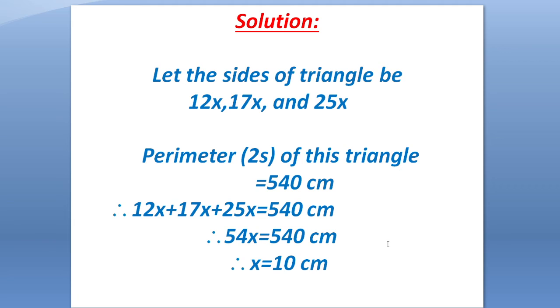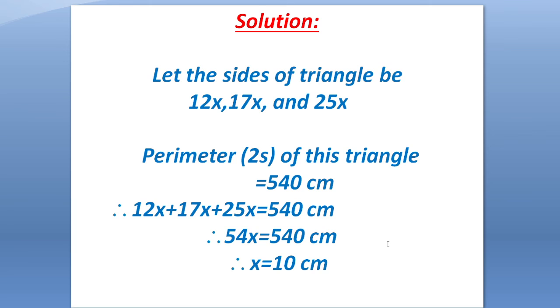So given the ratio 12, 17 and 25, let the sides of the triangle be 12x, 17x and 25x. So the perimeter, that means 2s of this triangle, is 540 centimeter, given.